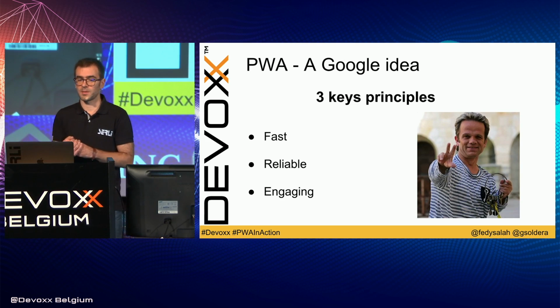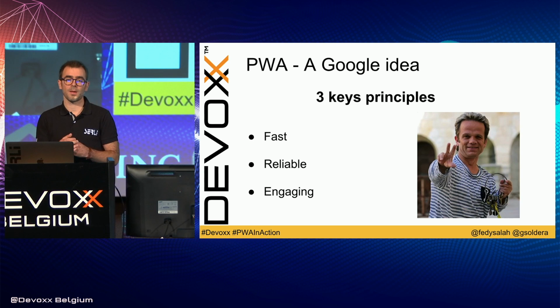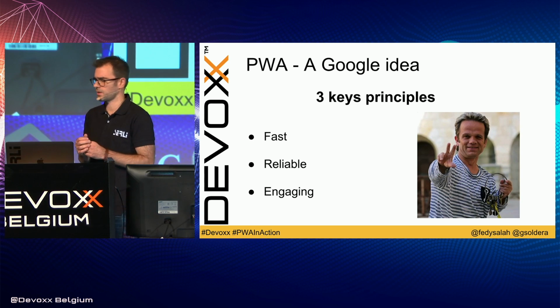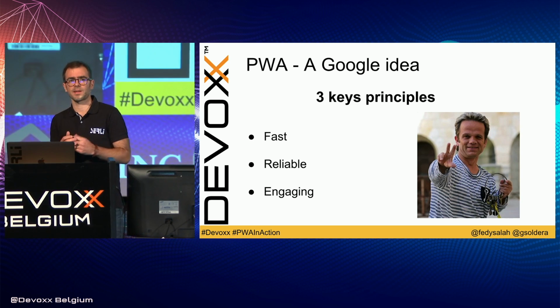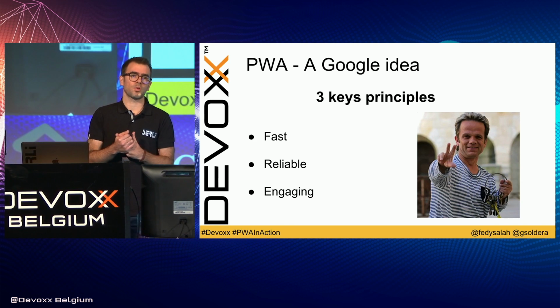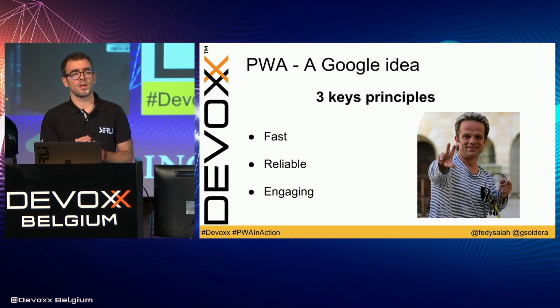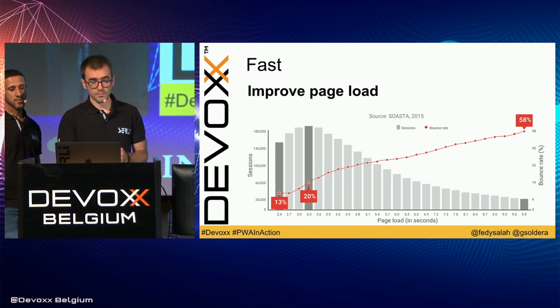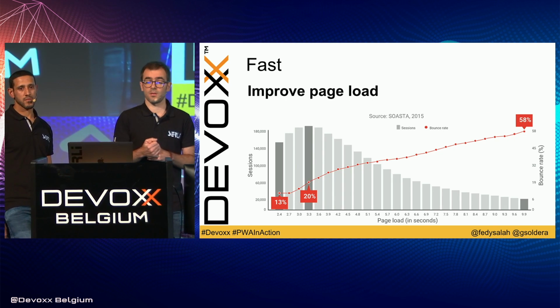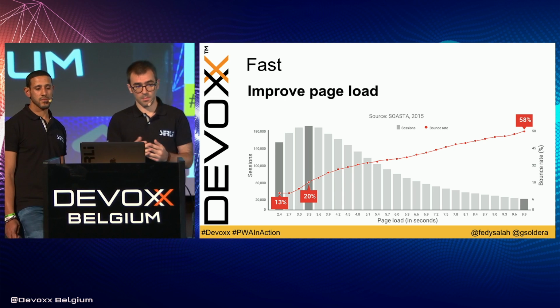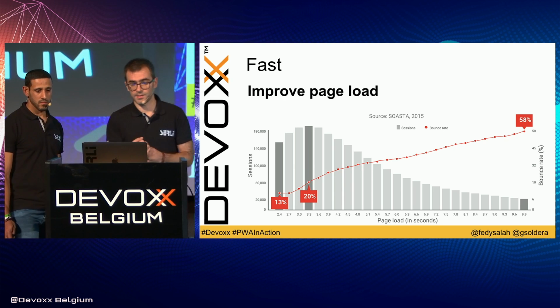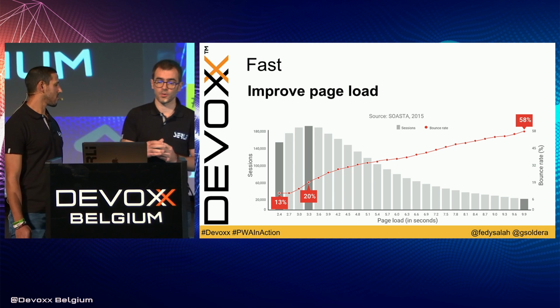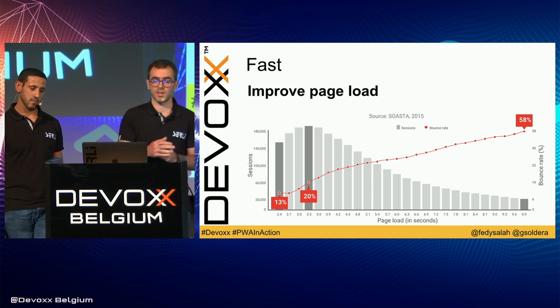Google introduced this idea of progressive web app in 2015, and they define three main keys. Your progressive web app must be fast, it must be reliable, and it must be engaging. First, your application must be fast. It's obvious, but on this graph we can see that the bounce rate increases at the same time as the page load.